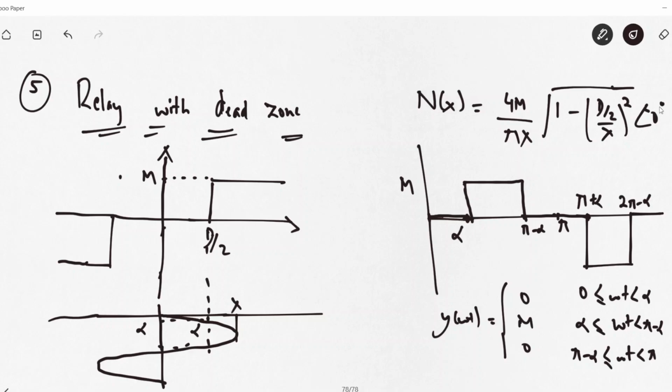You can apply the Fourier transform of the y of omega t that we have just obtained, and using this you can find the describing function as the fundamental component divided by the input magnitude, that is X. So you can try and derive this describing function for a relay with a dead zone.